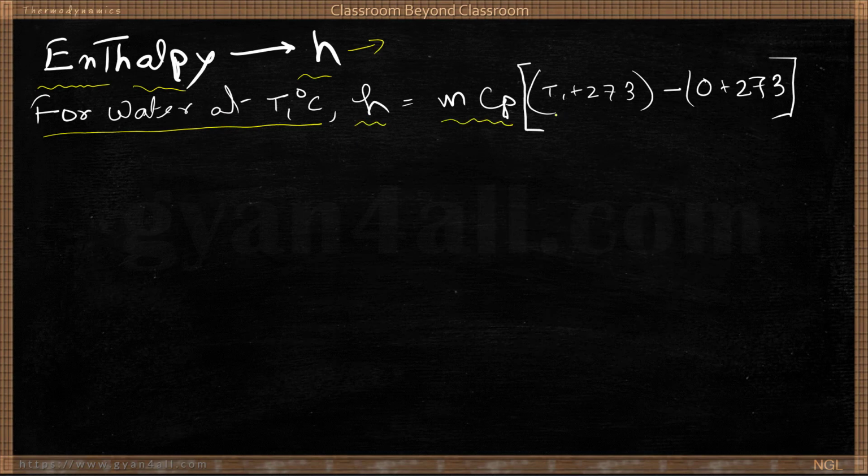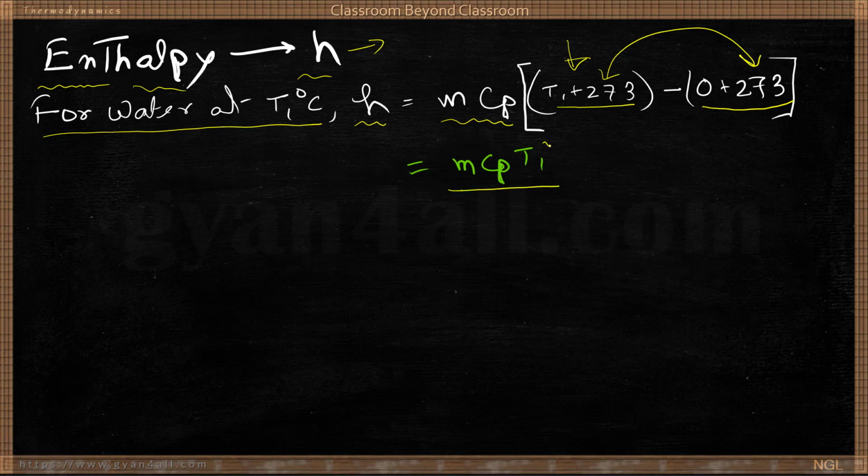m Cp, temperature difference. Temperature is T1. We put it as T1 plus 273 minus, from which temperature are we considering? From 0 degrees centigrade, and that means 0 plus 273. In fact these two will get cancelled, and what will remain after this? Simply m Cp T1.